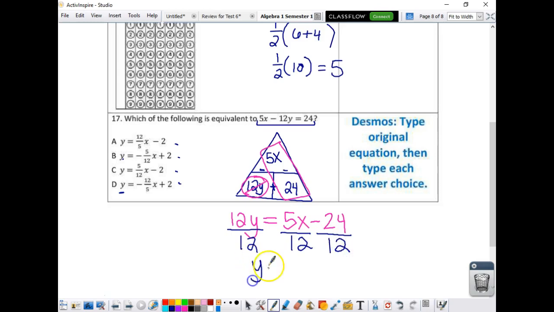This isolates y. 5 divided by 12 gives me 5 twelfths. Don't forget the x variable. And then 24 divided by 12 is 2. So 5 twelfths x minus 2, and here's your answer. And again, I can't stress enough, you do not have to do this. You can use Desmos, type in the original. I just know there's some students who prefer to do it by hand.